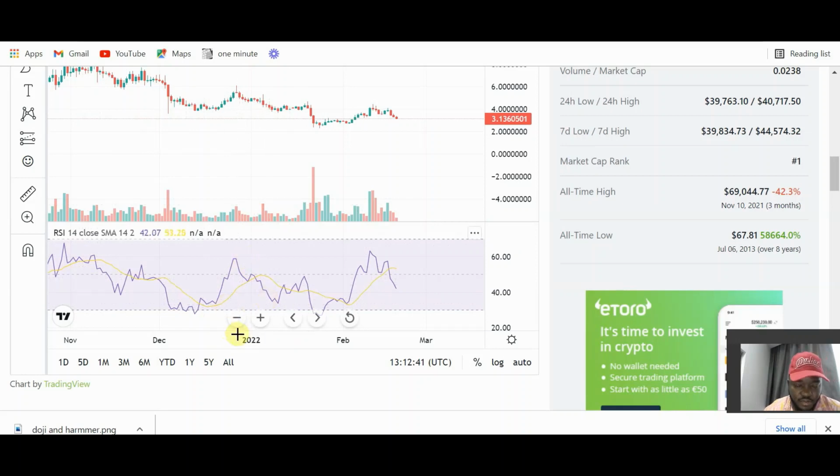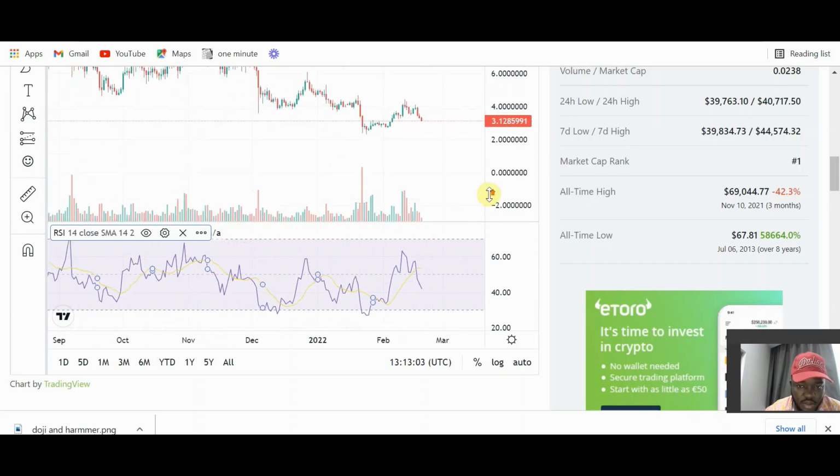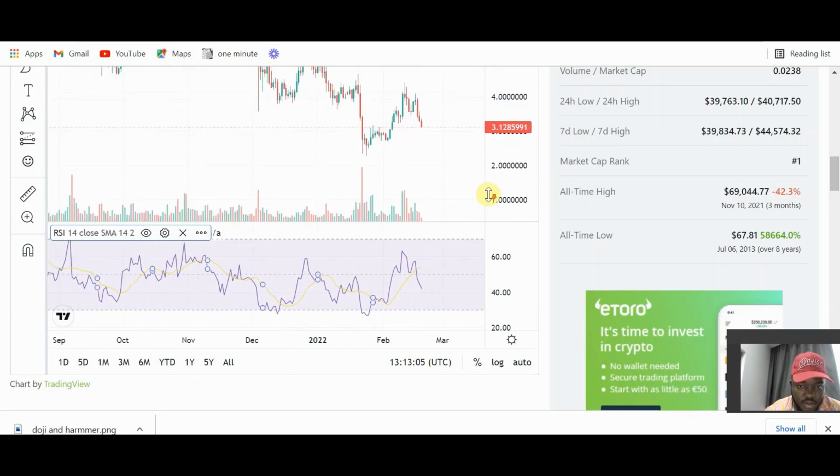See, this is the RSI plot and this is the signal line, which is a simple moving average, a 14-day simple moving average. I use this a lot and it works. So follow me, let me show you how it works.